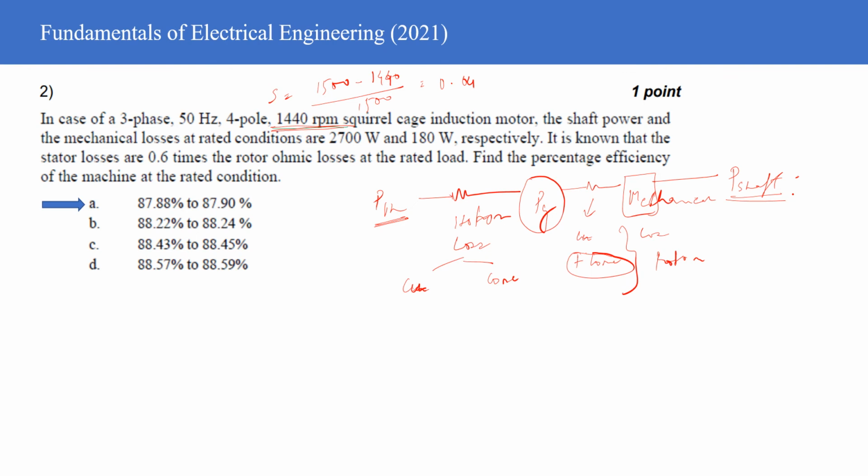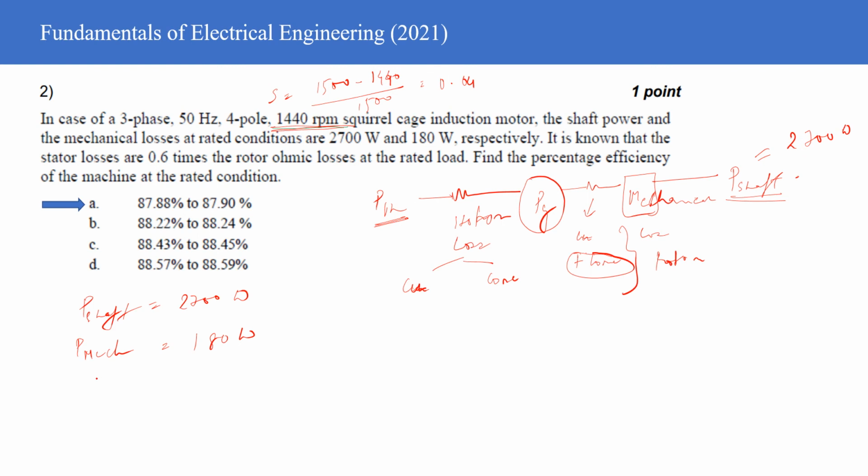Now in the question it's given that the shaft power is 2700 W, and the mechanical losses are also given. So P shaft is equal to 2700 watts, and P mechanical is equal to 180 watts. The stator loss is equal to 0.6 times the rotor loss.